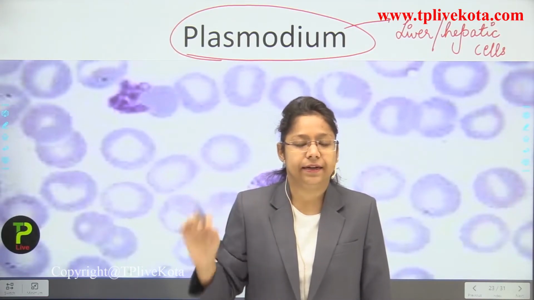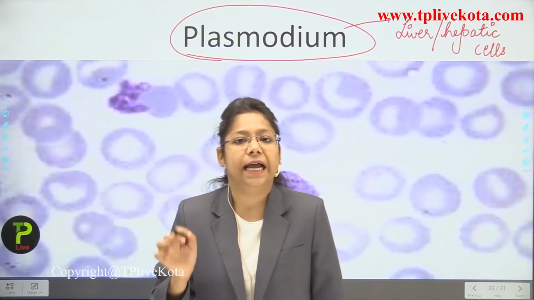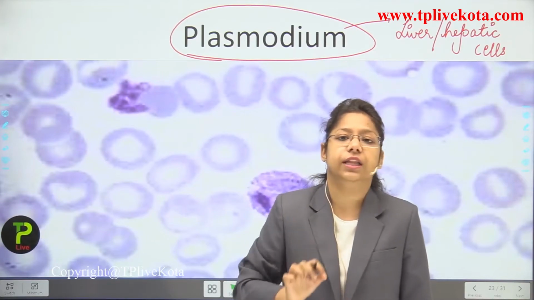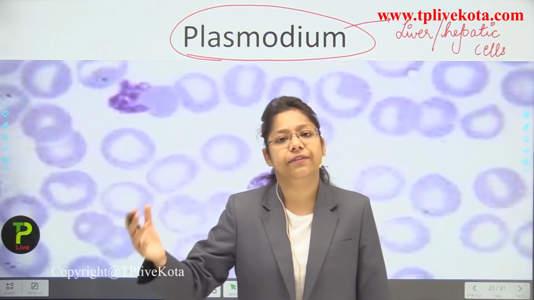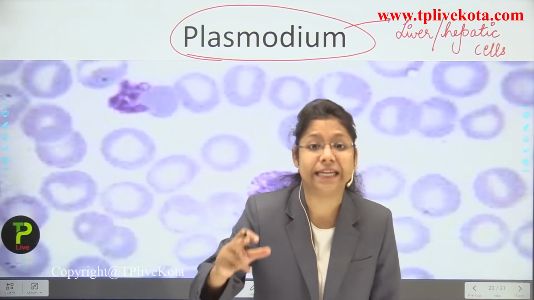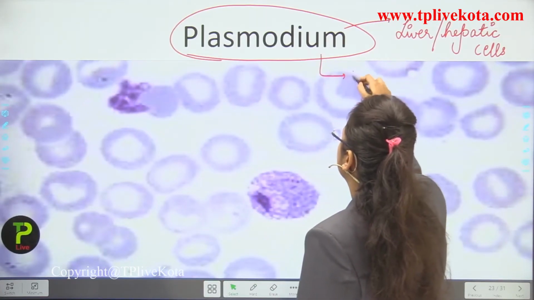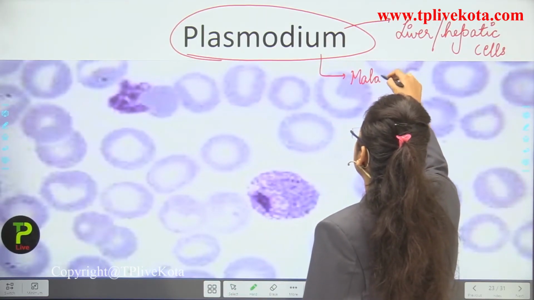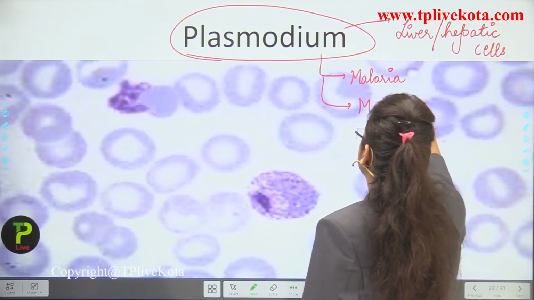Okay, this parasite gets inside the person's body and then it attacks the liver cells and gets divided further. Now when it divides or multiplies into millions, then it causes malaria in the human being. So this plasmodium is the cause of malaria. So it is also known as the malarial parasite.